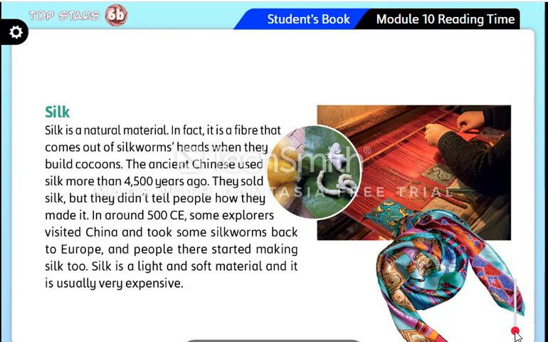Now, my dear students, let me ask you some comprehension questions. Where do natural materials come from? They come from the ground, from animals or from plants. What are man-made materials? They are natural materials that people can use to make new ones.